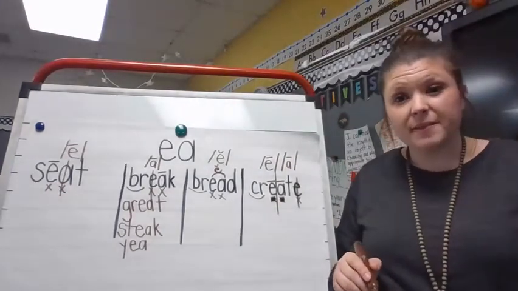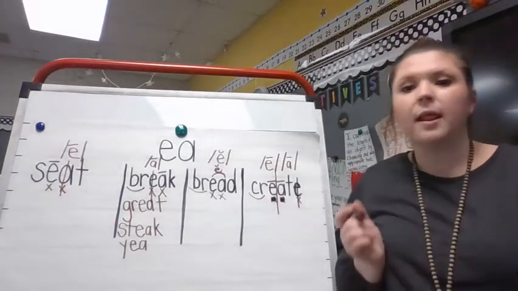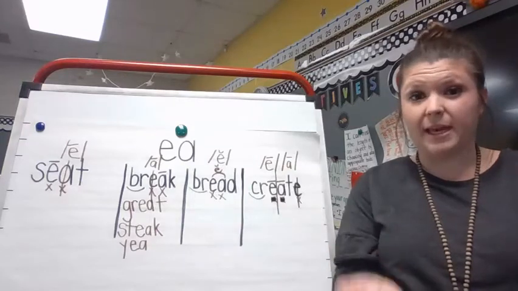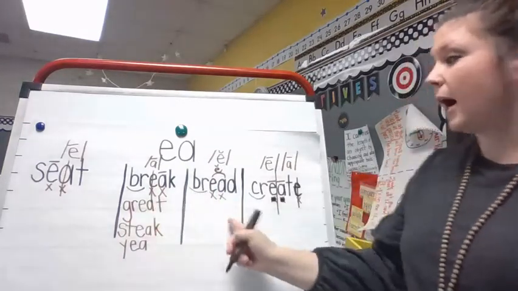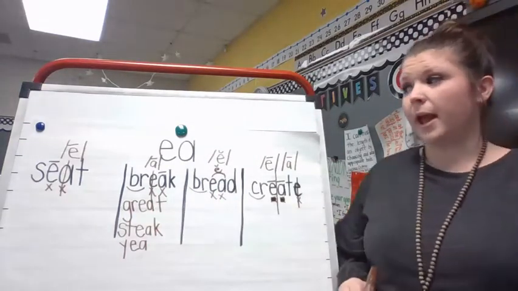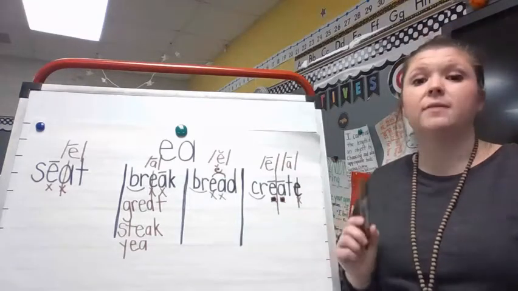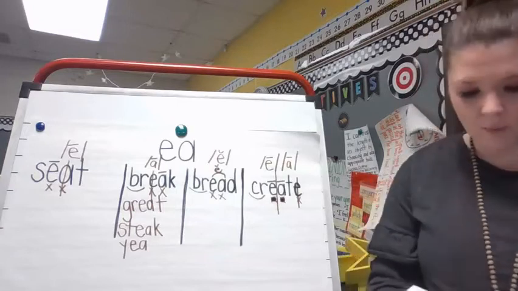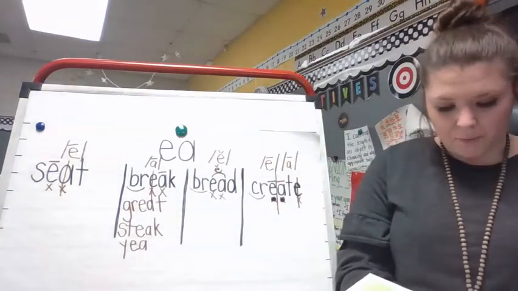So what we're going to do is Ms. Gaskins is going to say some words, and we're going to listen for the vowel sound. All of these vowel sounds are going to be spelled with E and A, but we have to decide which sound it is that is representing that EA spelling, okay? All right, here we go.